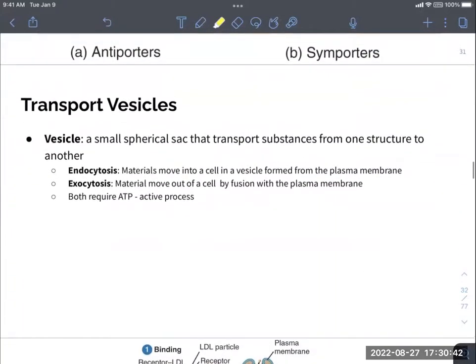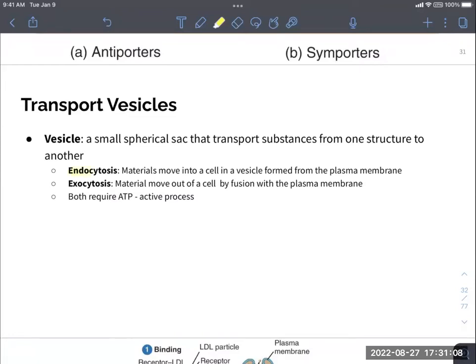We also have transport vesicles. As I've mentioned before, but we didn't talk about what they were. They're little spherical sacs that can move things from outside of the cell in or from inside of the cell out. They are used all over the body. There are two different ways vesicles work.